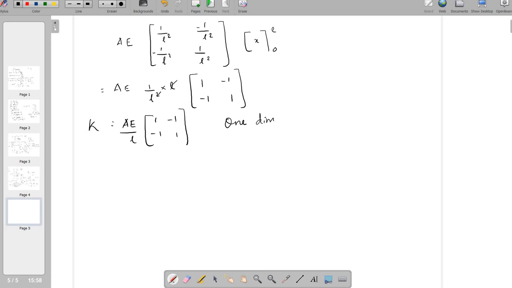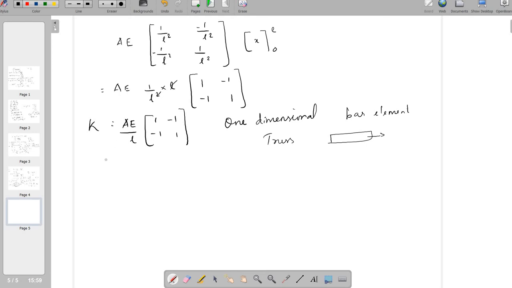The same stiffness matrix we can use for the truss element, because it is considered as an axially loaded member. The truss element also has the same stiffness matrix, AE by L, 1, minus 1, minus 1, 1.